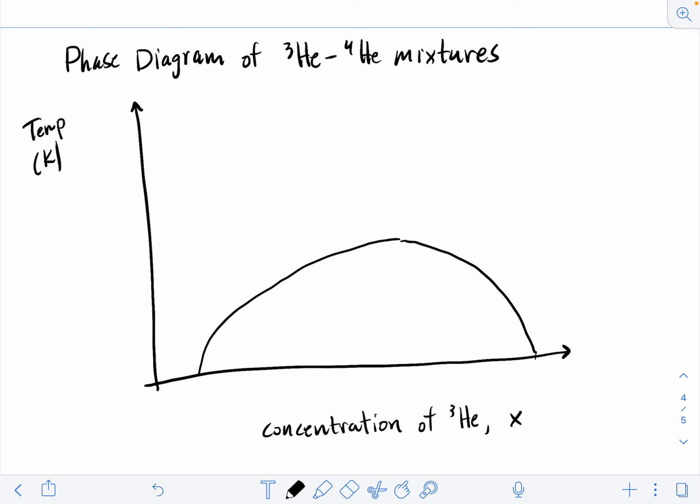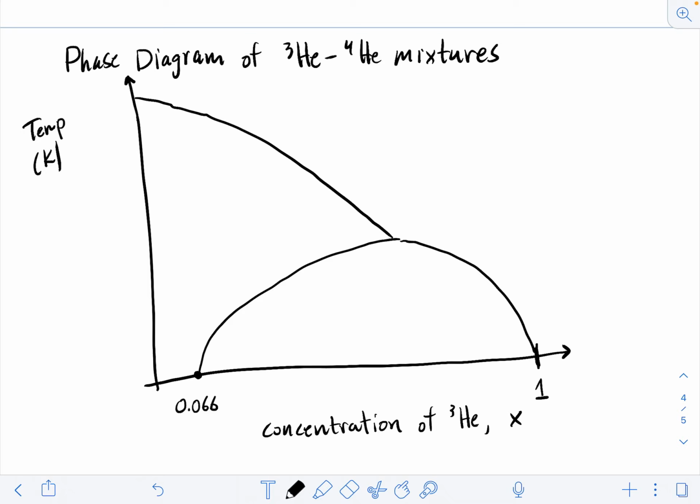So over here is 1. So that's pure helium-3 on this side. And we said over here at T equals 0, we're going to have 6.6%. And so that's over here. I'm going to draw another line over here. Maybe I'm going to extend this arrow up slightly more. And so there's another line that comes down, something like this.